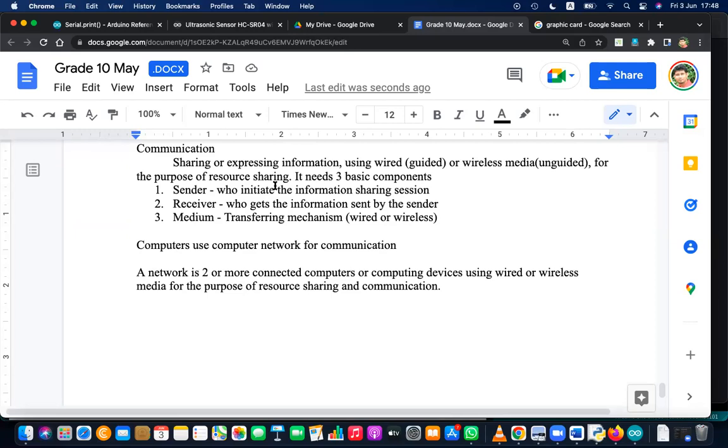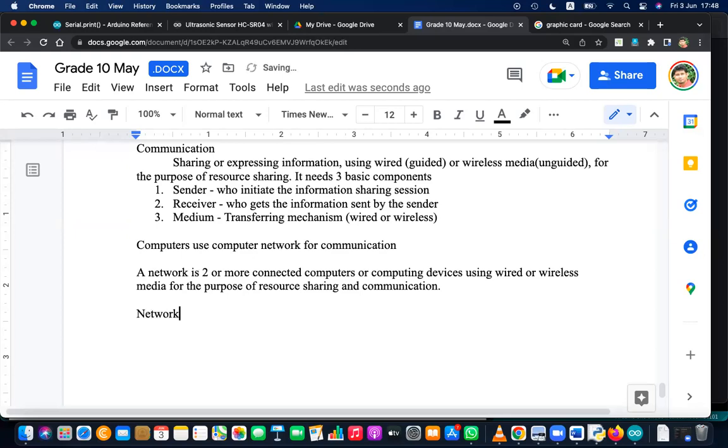In the next level, we can classify these computer networks based on various properties. One main property is size and distribution.